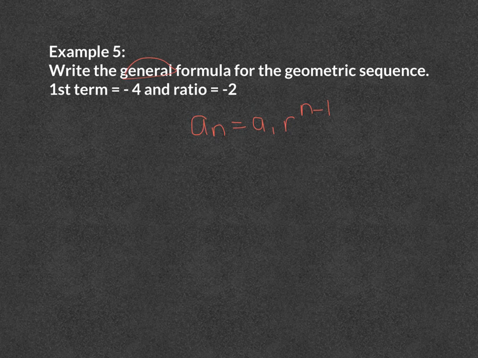Since we don't know what n is, we're going to leave it as is, so it'll be a sub n. A sub 1 is the first term, which is negative 4, times r, which is the ratio, and that's negative 2, raised to the power of n minus 1. We don't know what n is, so we're going to leave it as is. So this formula will work for the sequence to give you any term you want. So if you want the 13th term for the sequence, plug 13 in for n.